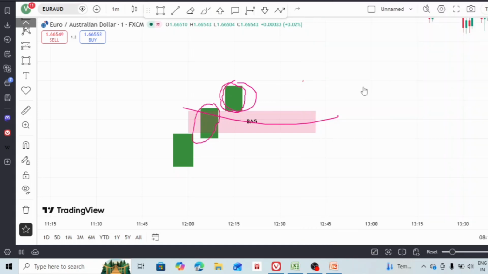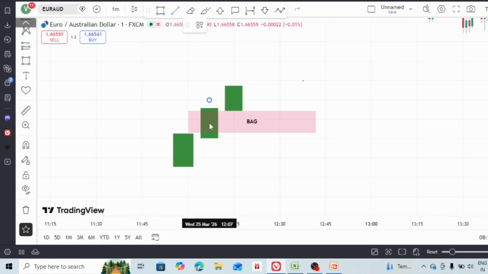So when the breakaway gap occurs, the market continues moving in the same direction, even without retracement. Let me give you an example so that you better understand. Here it has broken by the body.